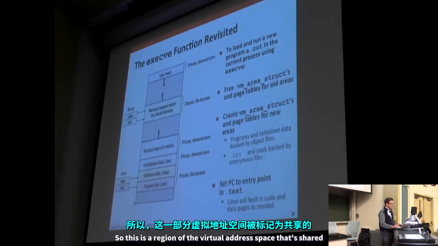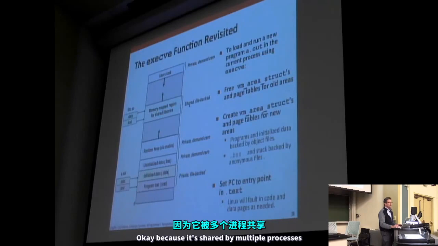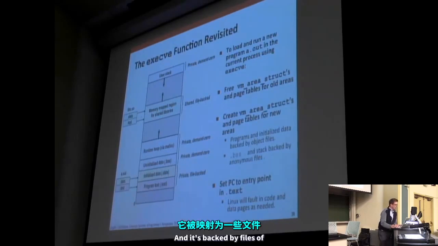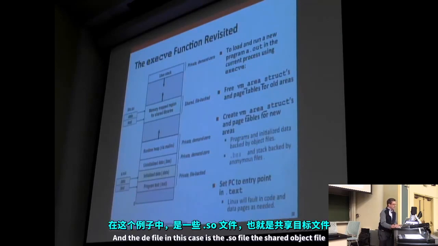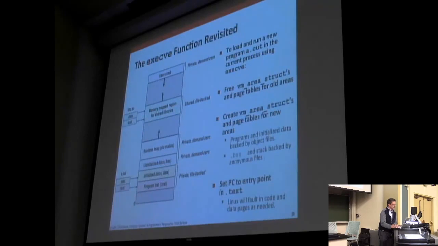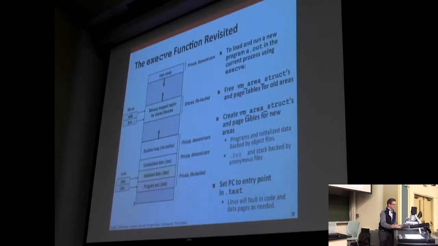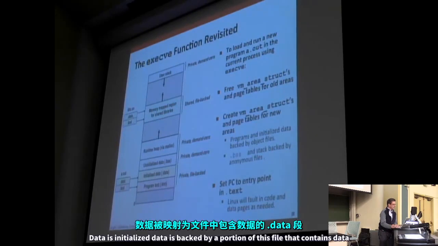So this is a region of the virtual address space that's shared by multiple processes, and it's backed by files, in this case the .so file, the shared object file. The code for this region is backed by the text, the portion of this object file that contains code, and initialized data is backed by a portion of this file that contains data.